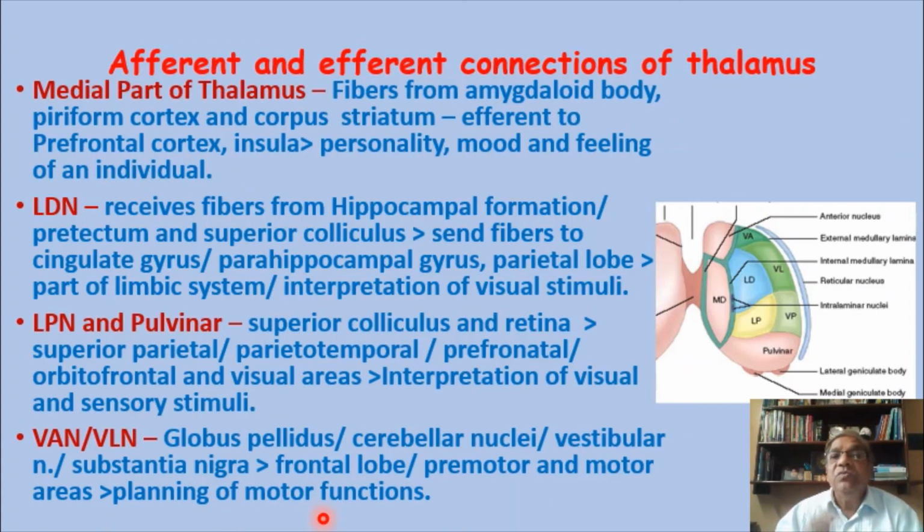So these two nuclei, the ventral anterior and ventral lateral nuclei, are involved in motor activity and are ultimately concerned with the planning of motor function, because before the motor activity takes place, it is moderated as well as programmed what kind of motor activity will take place. That usually takes place in the prefrontal area or the frontal lobe. So these nuclei are involved in the planning of motor function.